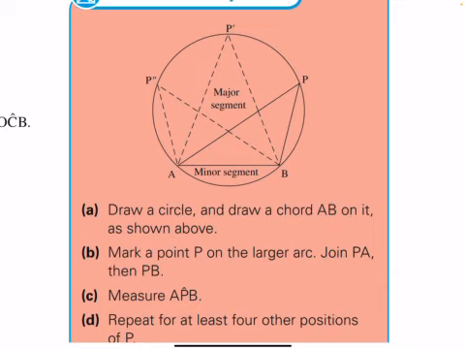A goes to B, B goes to P apostrophe, one at the top, and then comes back to A. A goes to B, B goes to P double apostrophe on the left hand side, comes back to A. All the angles of P are equal because all the angles that subtend in the major segment are equal, extending from the same chord.